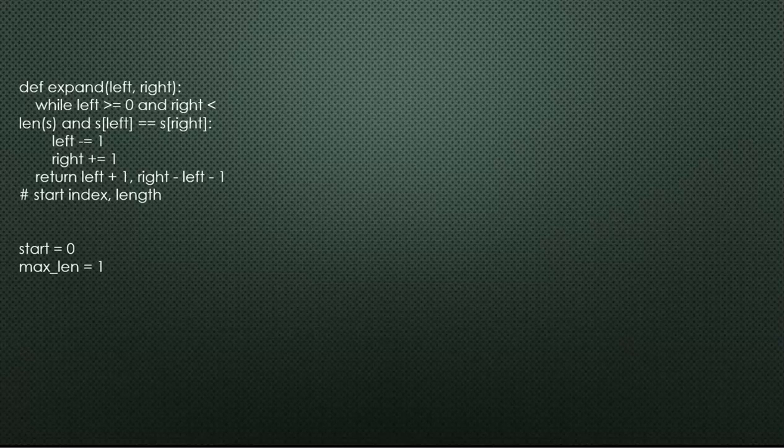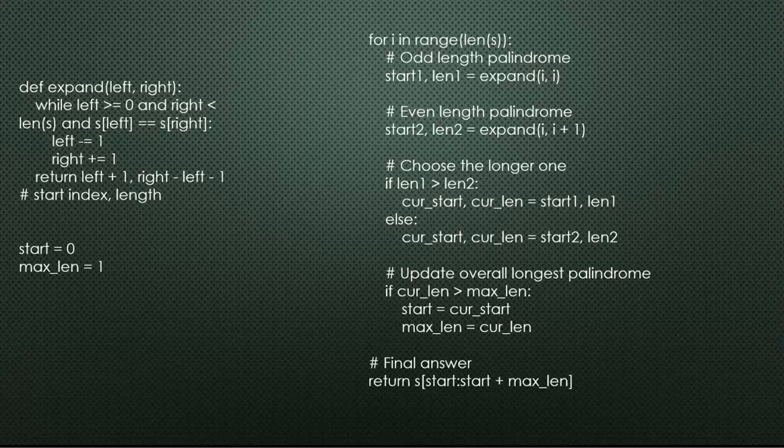Fine? Right. So this is my Python code. The actual algorithm is based on the idea that every palindrome has a center. You can look at the expand function. This starts from 2 indices and expands outside while the characters are equal, returning the starting index and the length of the palindrome found. Also look at each index I in the string.